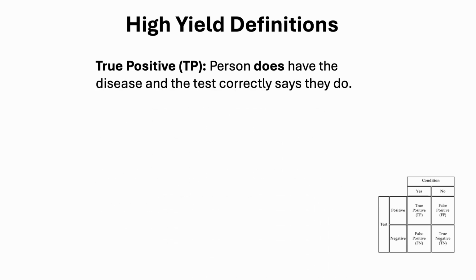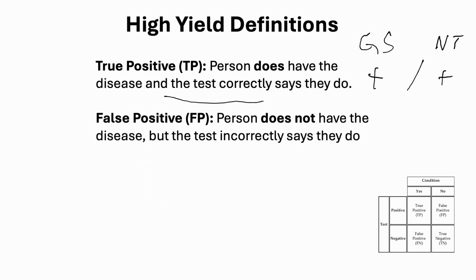First we have our true positives, and this is when a person does have the disease, so the person is positive by the gold standard, and the new test correctly says that they do. The gold standard and the new test both concur, so it's true.